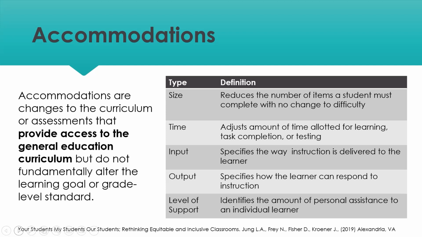You just have to be careful with the accommodations when you talk about the size. If you're reducing the number, it's okay to reduce the number, only just be sure it's the same thing as everybody else. So an easy example is if you're doing math and it's multiplication and division, you have to do both kinds of problems. You can't just do the multiplication.